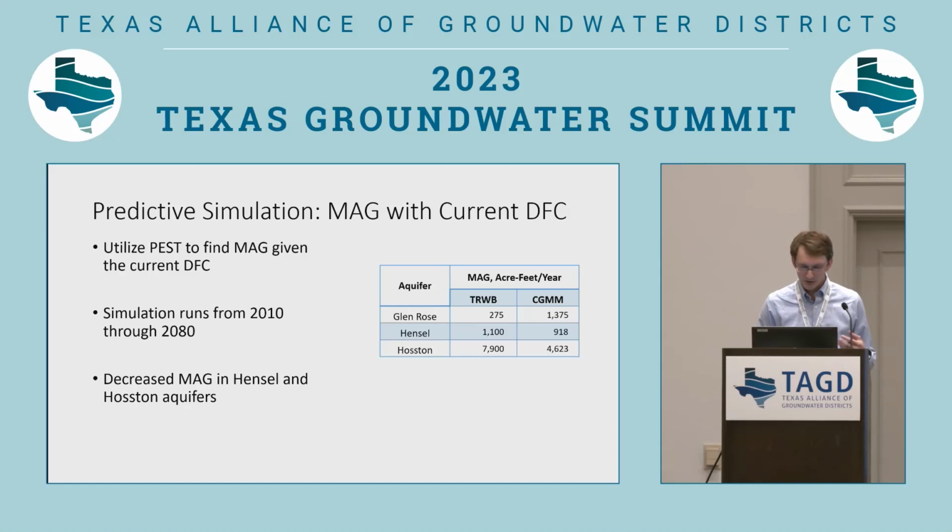We started with an initial guess, and then let PEST increase or decrease the pumping for that aquifer over different simulations and approach what that DFC is. Just like the last one, we saw a decrease in the middle Trinity and the lower Trinity, which again makes sense with the results that we saw.